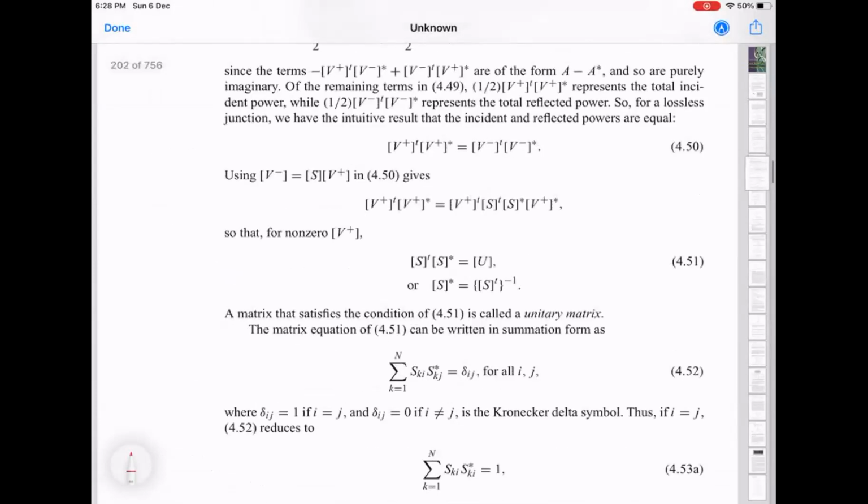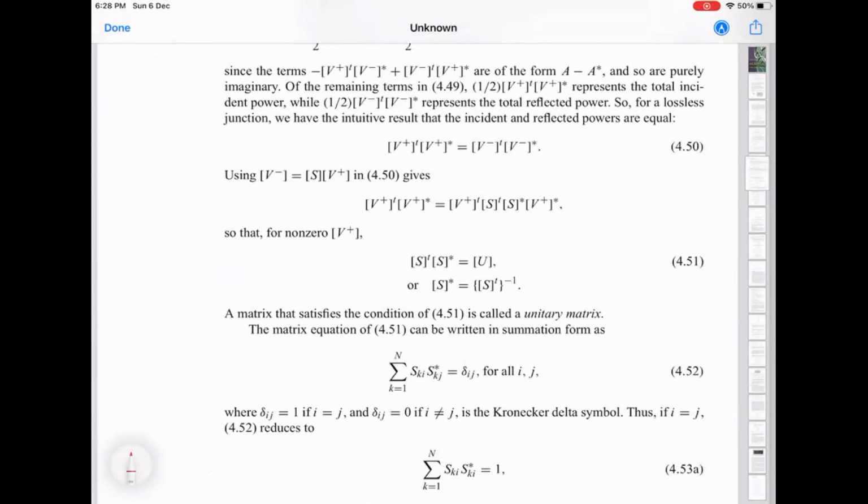One of the most important properties is about lossless networks, where no power is lost or generated in the network. It's an idealized version of what is typically true, because any realistic device will always have losses, but superconducting devices need not.